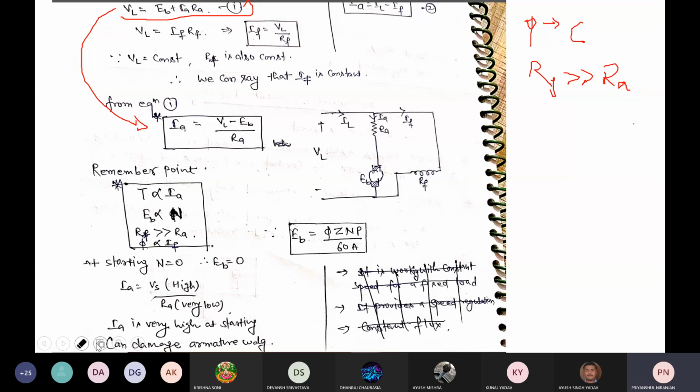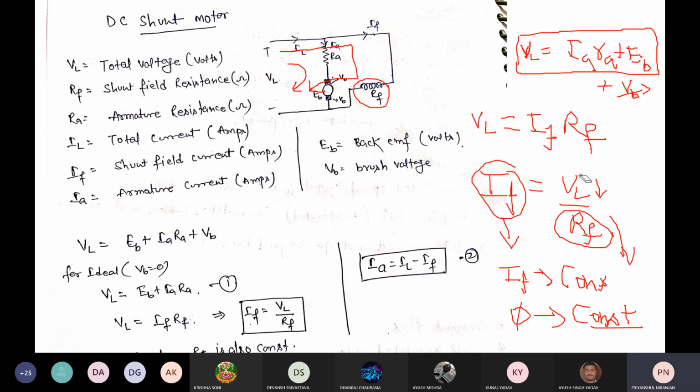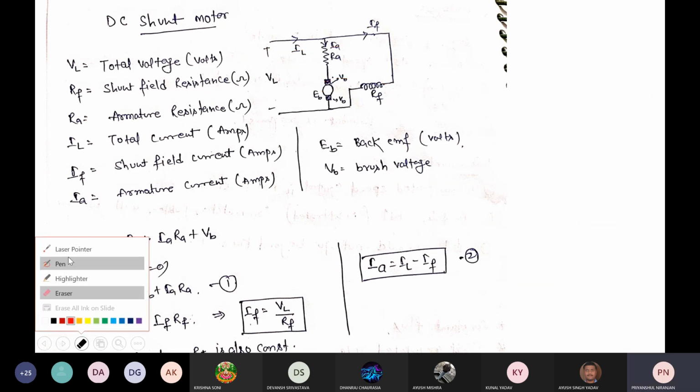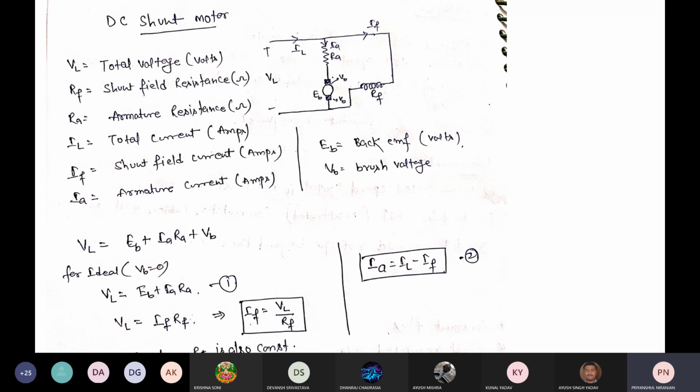So my next question is: when we design the armature winding, the induced EMF depends on these parameters, phi, P, Z upon 60.